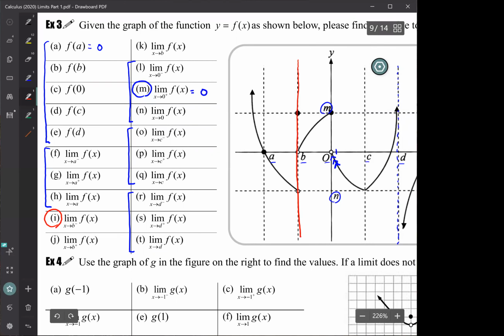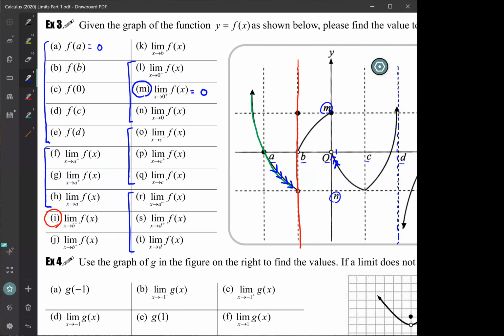This is the center. Which graph is on the left side of the red line? I'll use the green. This green graph is on the left side. So I want to get closer to B from the left, so I will draw an arrow downwards, because it's trying to get closer and closer to B.